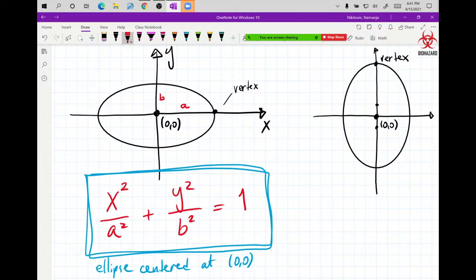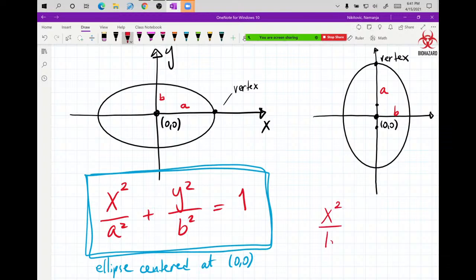So now your A is again, and to be honest with you, I don't like this, but that's unfortunately the way the book has it. I always like for A to be associated with X, and then I don't have to think much about the formulas, but such is life.